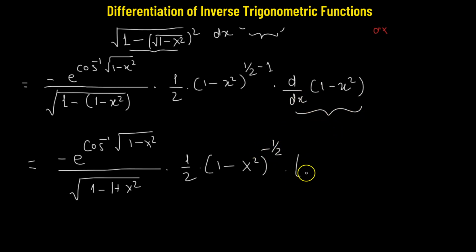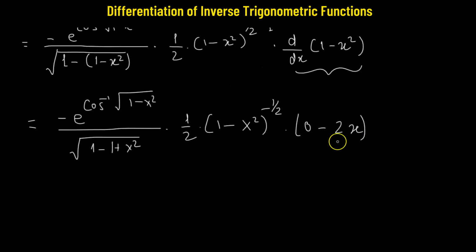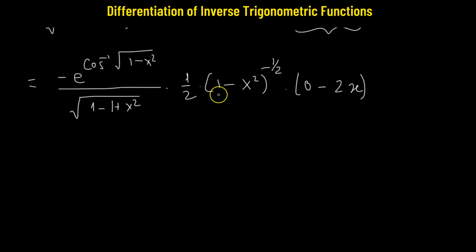The derivative of 1 will be 0, minus the derivative of x squared, which is simply 2x. So we have obtained our final expression, but before that we can cancel a few terms. This 2 and this 2 get cancelled, and we have a negative here. This negative and this negative multiply with each other to become positive.